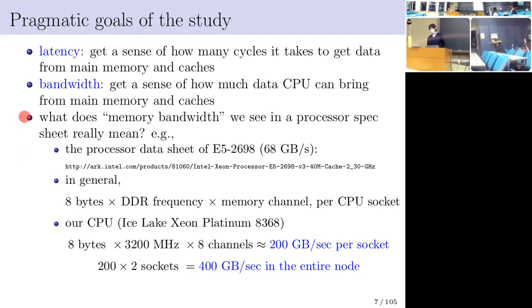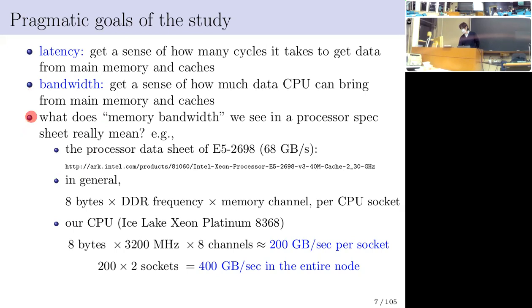Another, somewhat cheap goal, but still pragmatically important, is to understand what the memory bandwidth advertised as a processor spec actually means. For example, if you look at the processor data sheet of a particular model of Intel CPU called E5-2698, it says the memory bandwidth is 68 gigabytes per second.